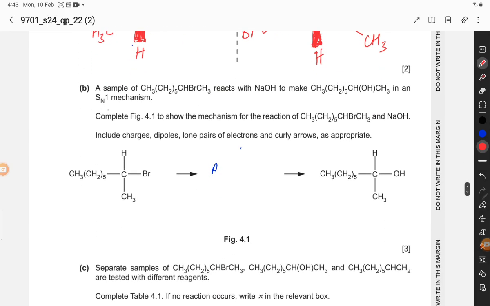Now next question, B part. A sample of this compound reacts with sodium hydroxide to make alcohol in an SN1 mechanism. So this is nucleophilic substitution. This is SN1, complete because this is tertiary.